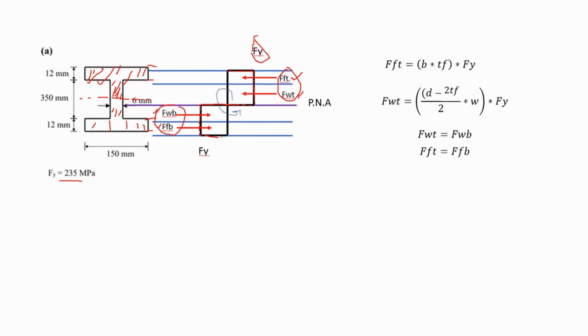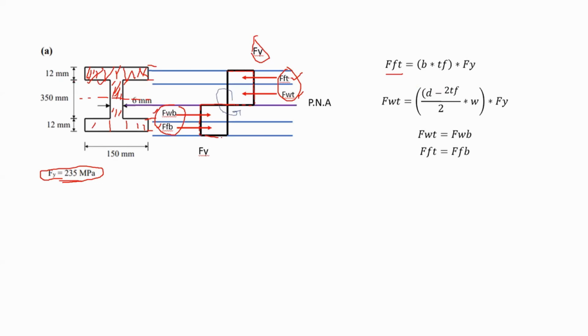If we want to calculate the force in the flange top, I'm taking the stress Fy and multiplying it by the area of the section I'm concerned with. This is the section I'm concerned with, the top flange. That's why I have B multiplied by the thickness of the flange, where B is 150 and the thickness of the flange is 12.